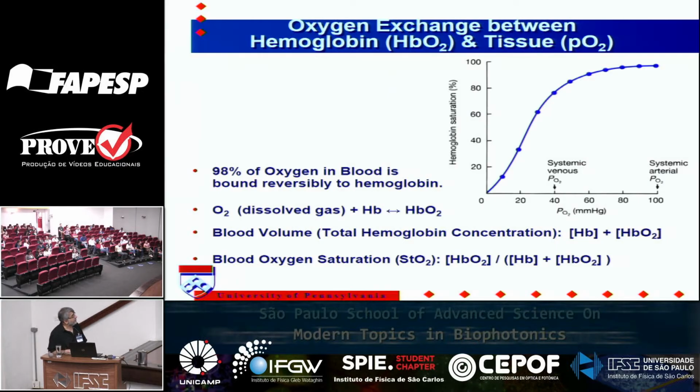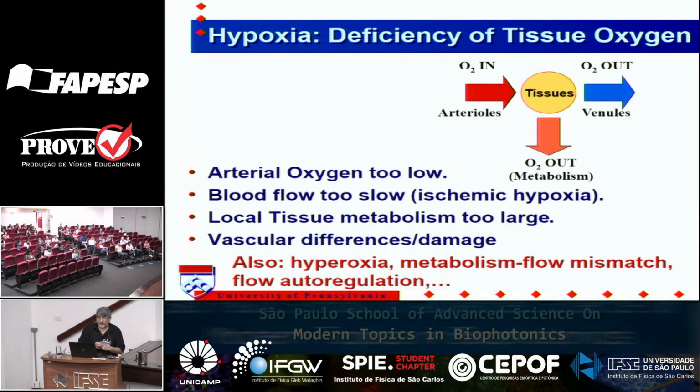And so you can see that if I make a measurement of oxygen saturation, it's also effectively a measurement of tissue PO2. And so why is that useful? I can do that as an average value of a tissue in a monitoring experiment, or I can do that in imaging in different volume elements in the sample. Okay? So why is that useful? Because we can detect a situation called hypoxia or hyperoxia, okay?